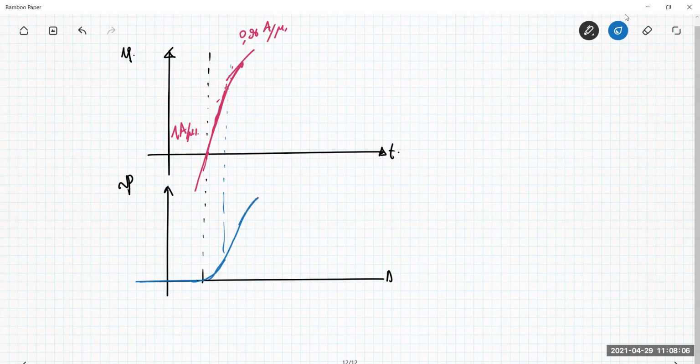But anyway, this again is much better than what we got in the previous situation.